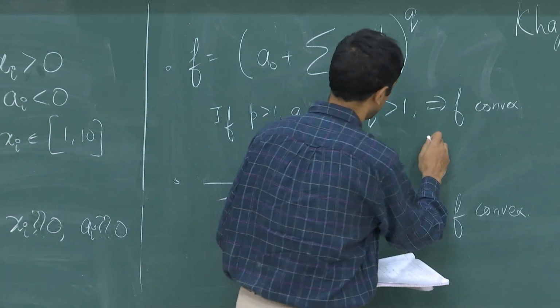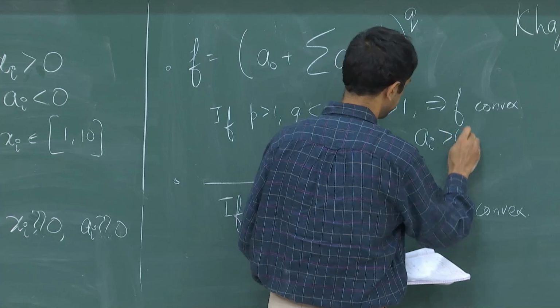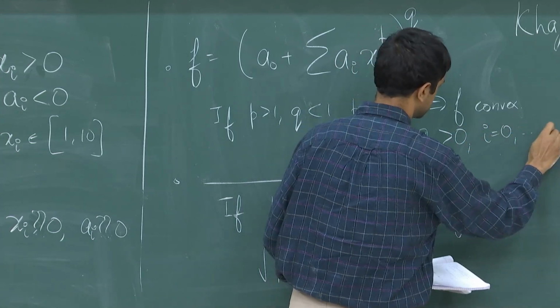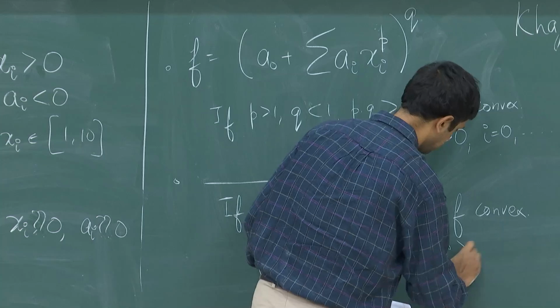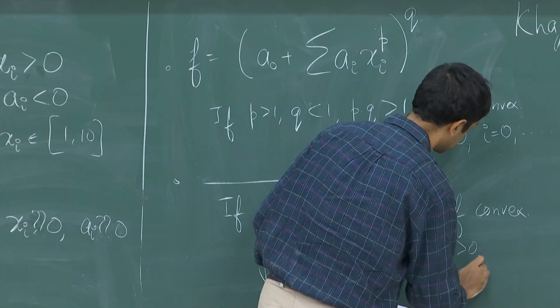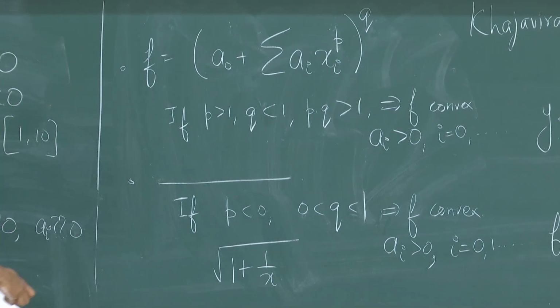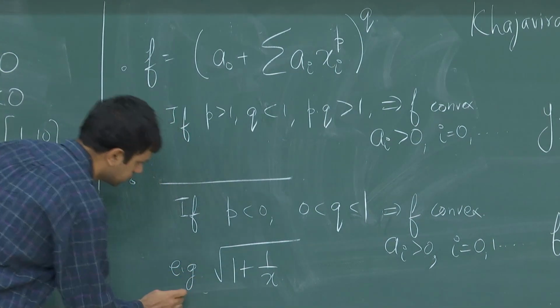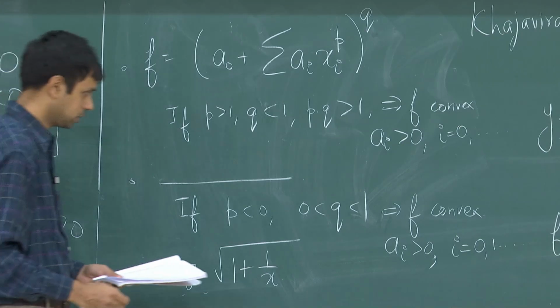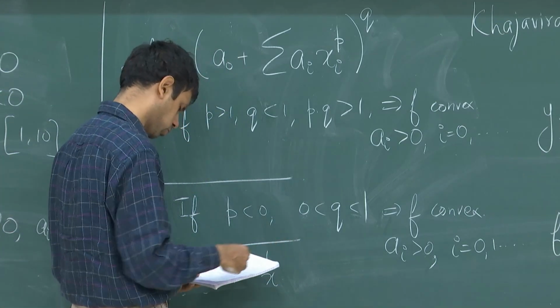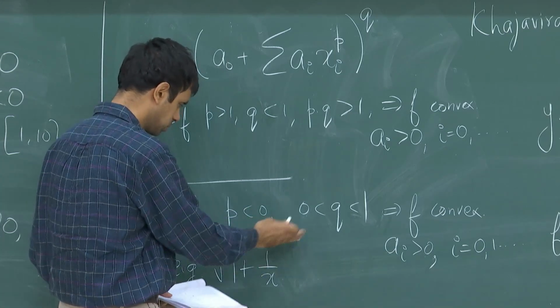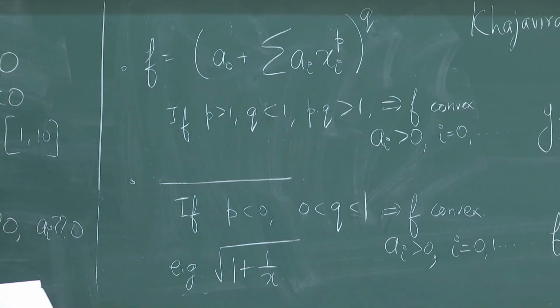In both these cases the ai must be strictly positive, and of course x must be more than 0 at least. So many such rules you can try.